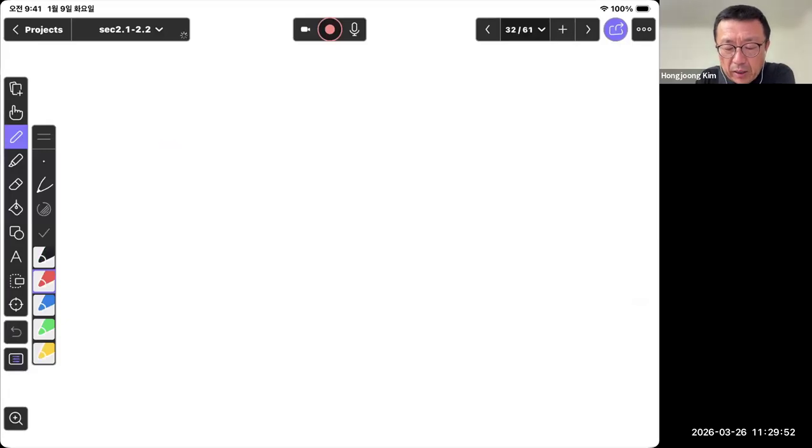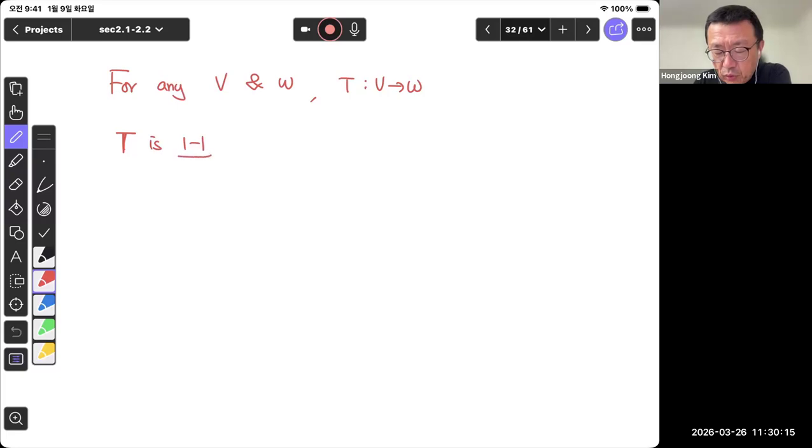So for any V and W and T from V to W, T is one-to-one. This is a notation for one-to-one mapping. That is equivalent to saying that the null space of T consists of 0, that is equivalent to saying that the nullity is 0.